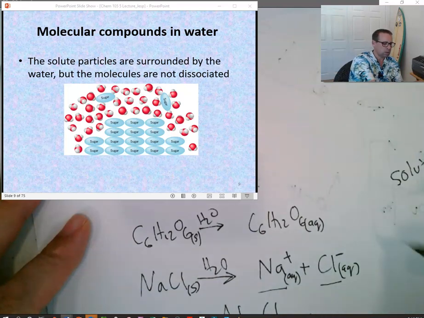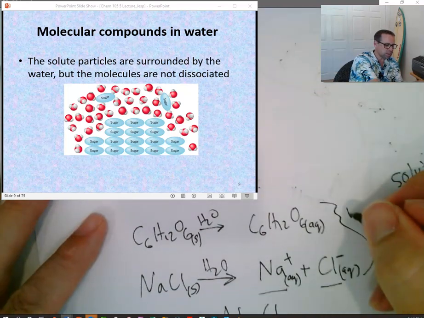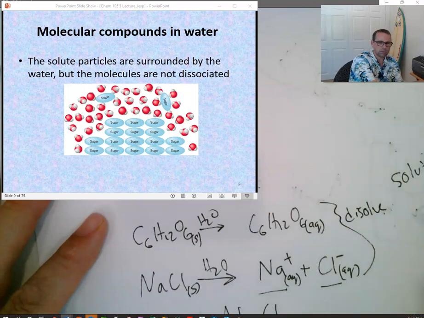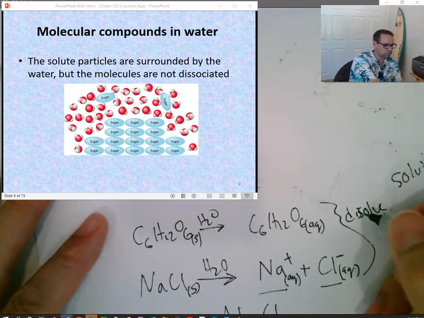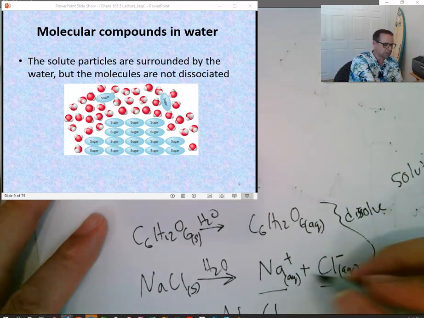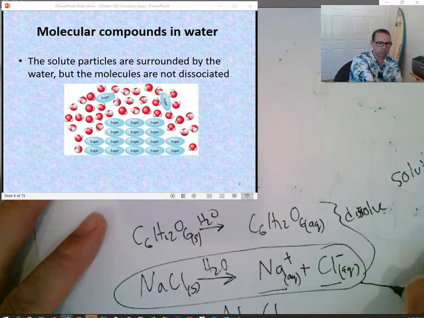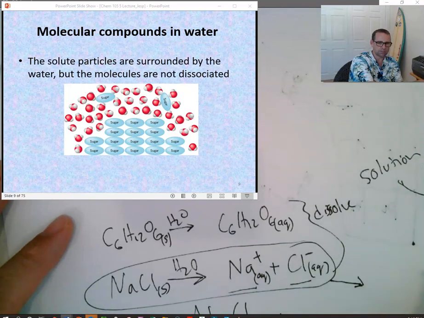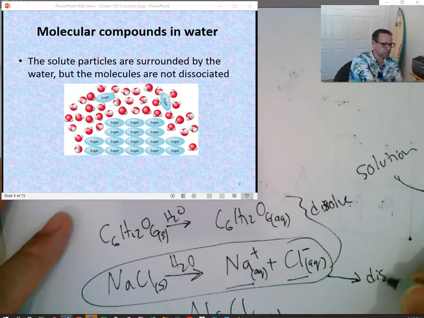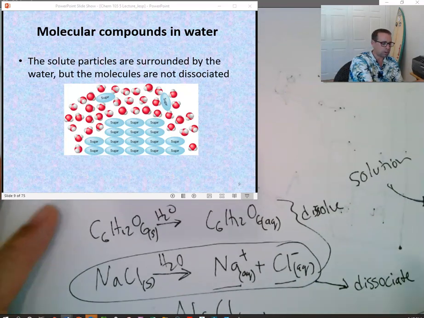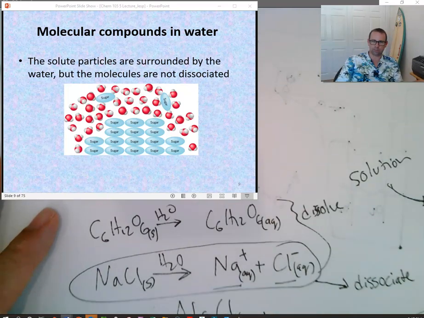All right. So both of these we say dissolve. Both of them dissolve. But only this one here, do you remember the word? What is this one doing that the other one's not? Dissociate. Very good. And what that means is the ions actually separate from each other.